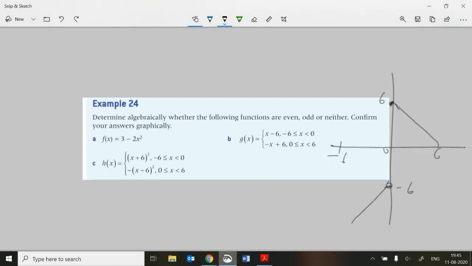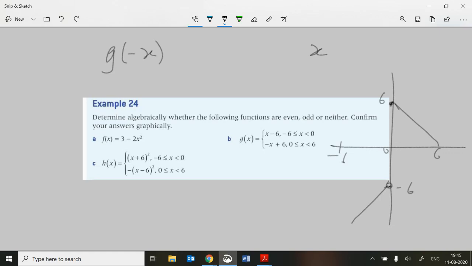So let's have a look at g of minus x. In fact, it really depends whether or not we're looking at the first part or the second part, because g of x changes according to what we're looking at. But let's just look at it for one of the parts.